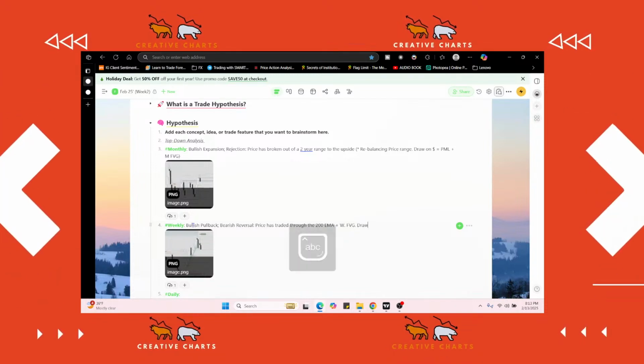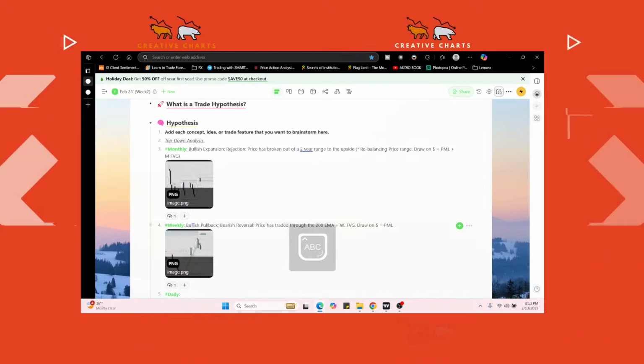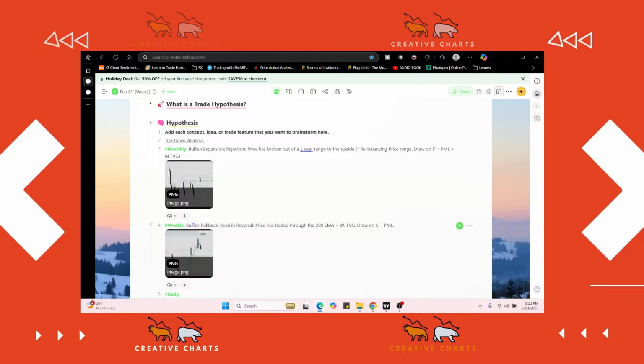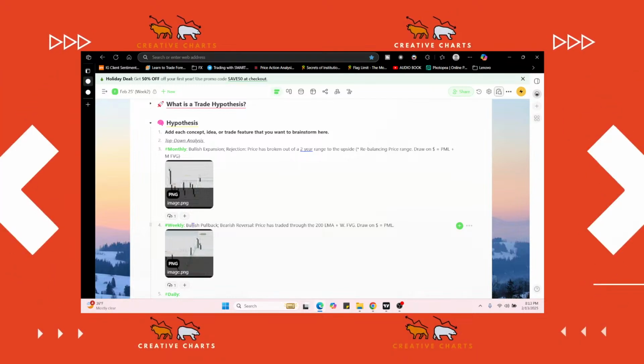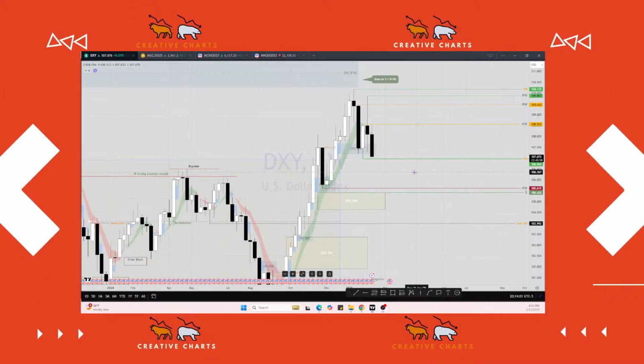The drawing liquidity is the same as above, the previous month low. And that's it. I don't really see anything bullish in this time frame, so I'm gonna jump back to the charts and let's go down another time frame.